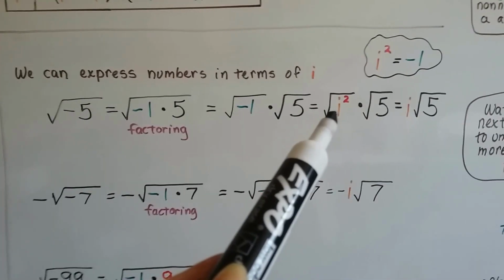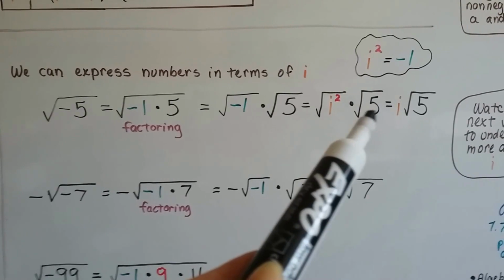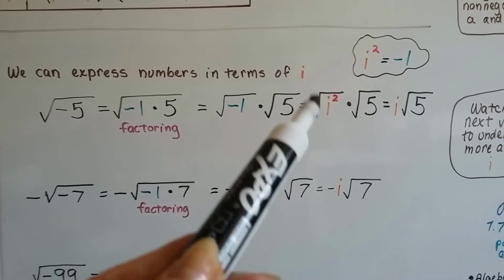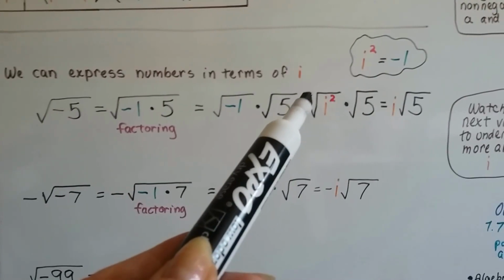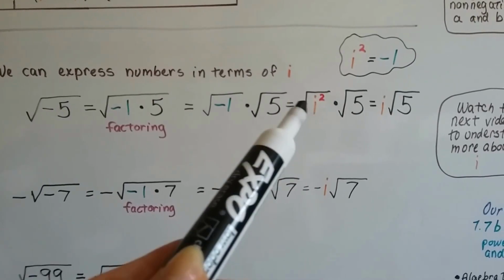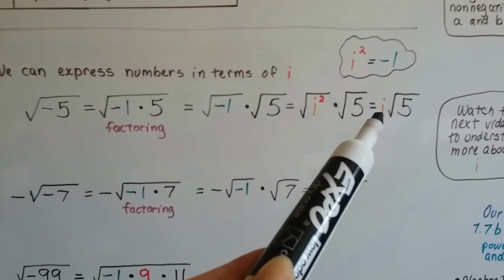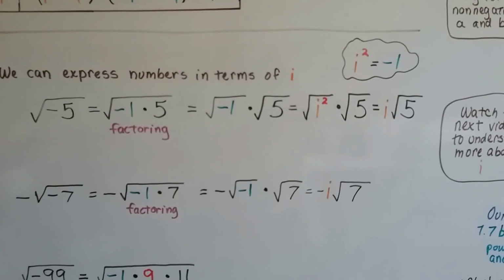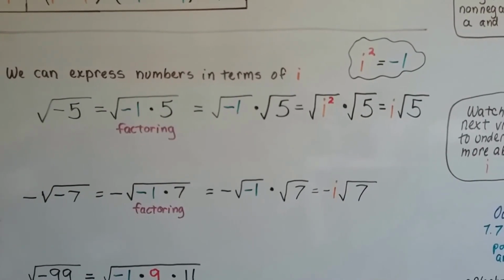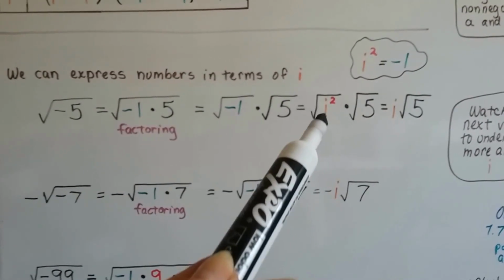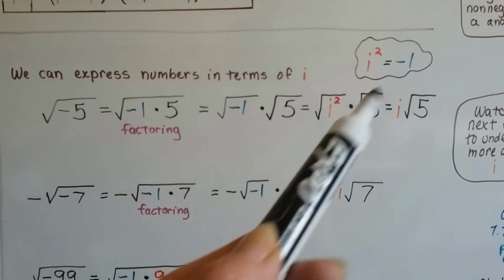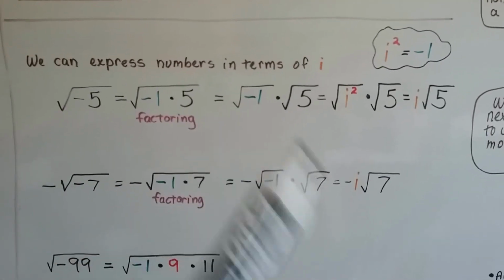So that means we have the square root of i squared times the square root of 5. And because this is squared and we have a root of 2, we can remove that radical sign and we just get i times the square root of 5. See? We just turned that i squared into a -1 and vice versa.